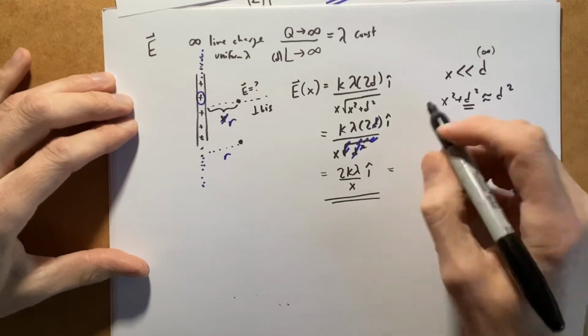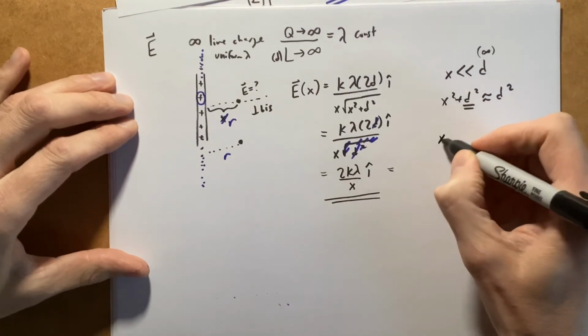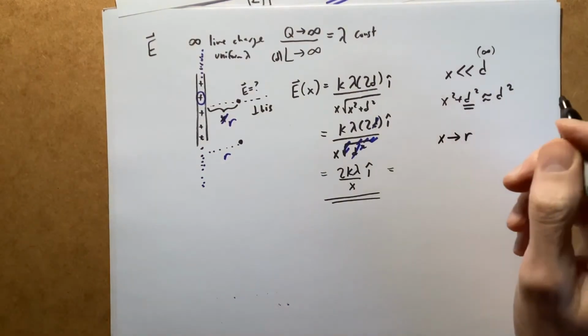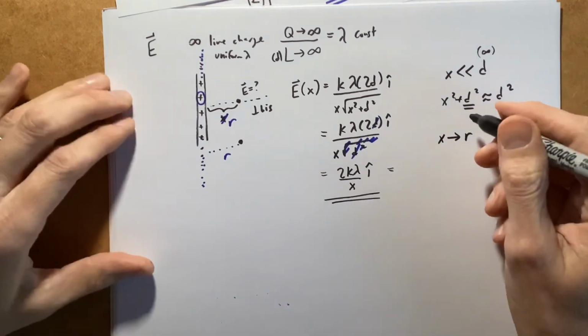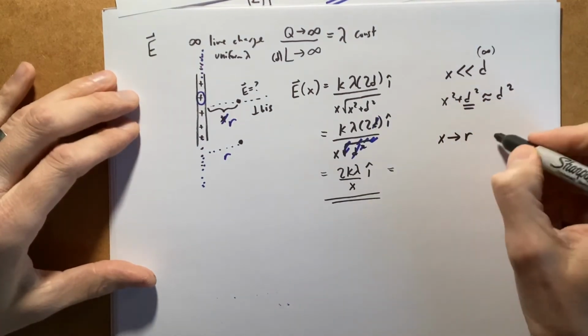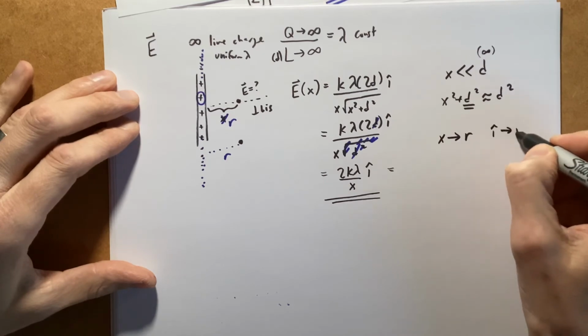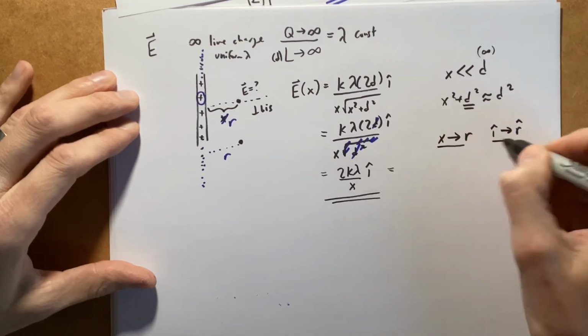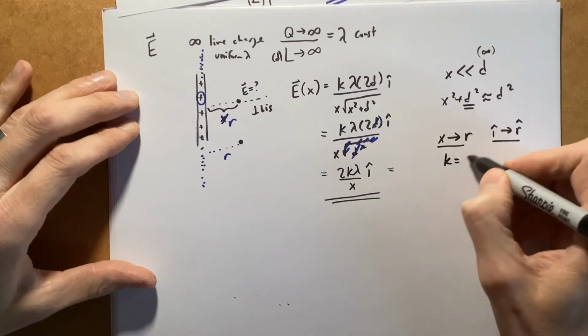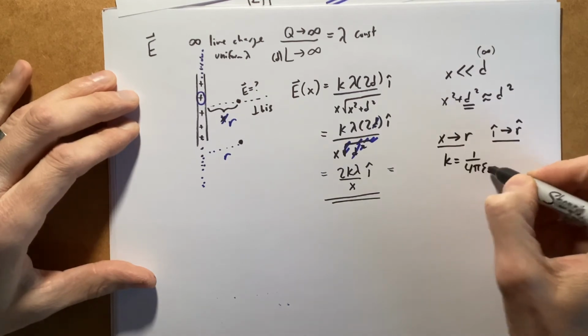So first of all, I'll replace x with r. It just makes more sense. It's kind of more universal. And then I think on the equation sheet as well, the i hat gets changed to r hat. Makes sense, goes along with this. And I think k is replaced by 1 over 4 pi epsilon naught.